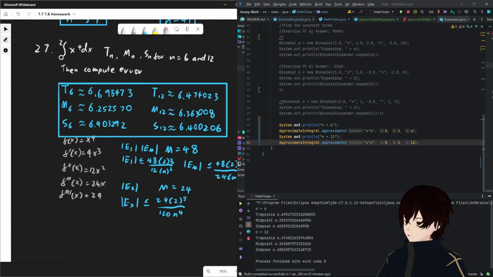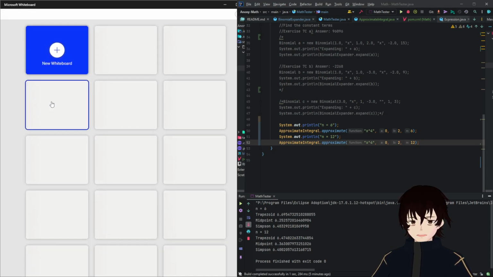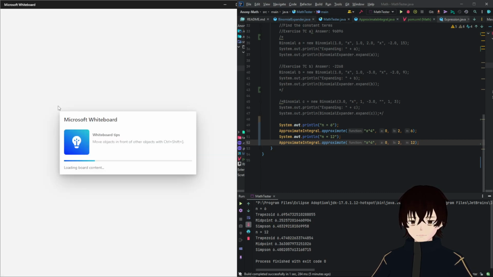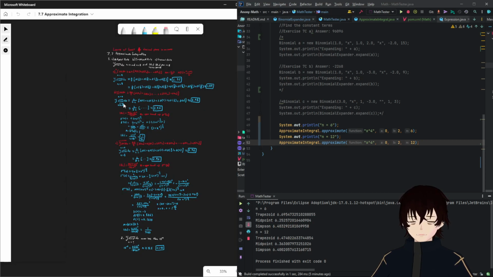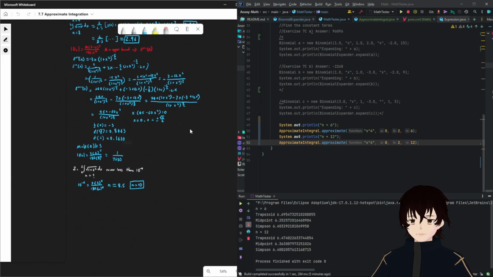Simpson's rule. Let's go check from notes. Well, why did I click that again? Oh yeah, Microsoft Whiteboard has a new loading screen now. I like how they're improving on the whiteboard.